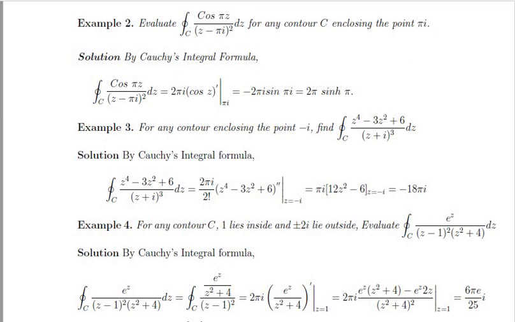Then, by Cauchy's integral formula, its value is 2πi into the first derivative of f of z, that is e raised to z by (z² + 4), at the point z equal to 1. First of all, you take the derivative using the quotient rule and substitute z equal to 1. We got the answer 6πei divided by 25.